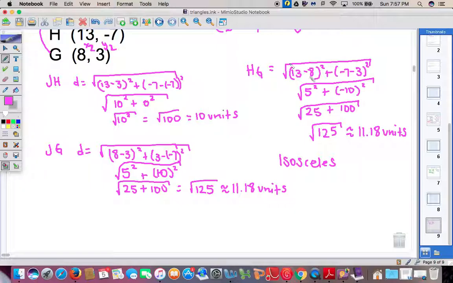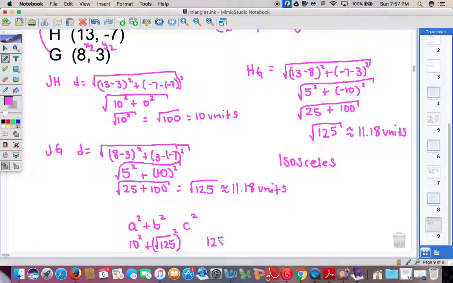So let's determine that. I can determine that by asking what is a squared plus b squared in relation to c squared. And remember that they go in order of greatest distance. So a is my smallest distance, which would be 10 squared. B is going to be my next distance, the square root of 125.